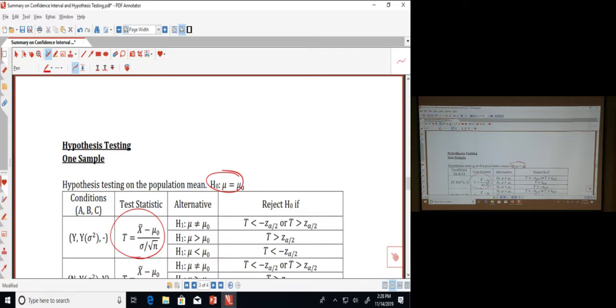I check whether this something that I saw is extreme or not. If it's extreme, probably the statement, the null hypothesis, is not true. If I say this student is very smart, but all the 5 modules that he takes have failed, right?